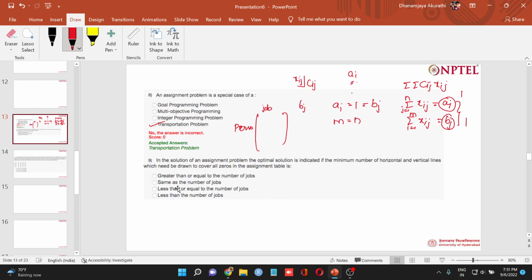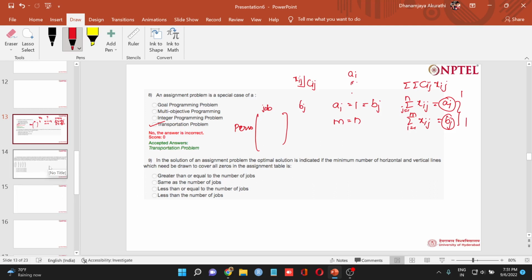The drawn lines should be the same as the order of the matrix, and only then can we go to finding an optimal solution. If it is less than that, then we need to do another iteration or step to make the number of drawn lines equal to the number of jobs.